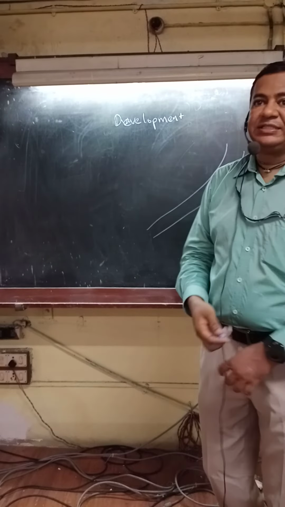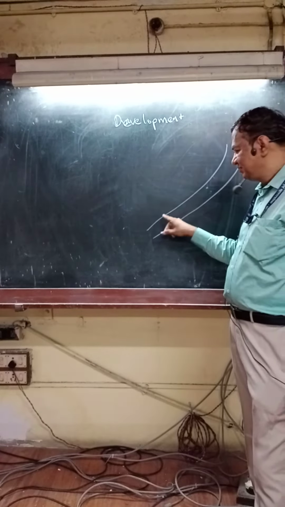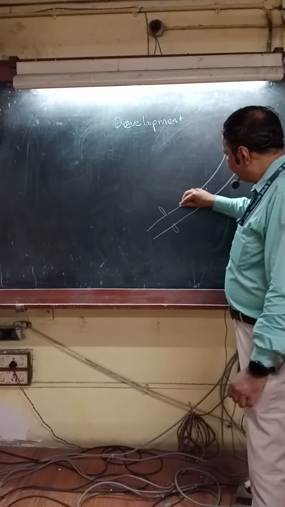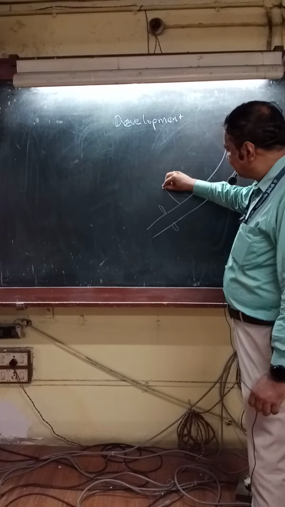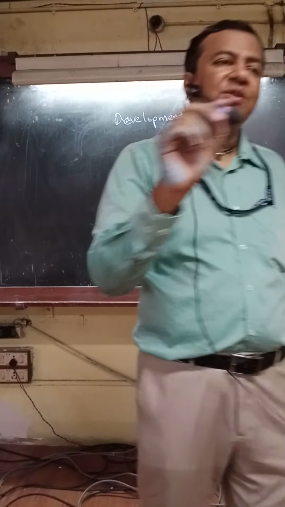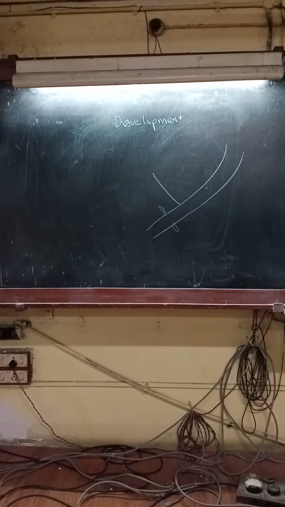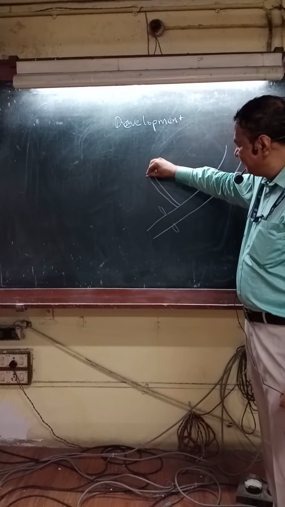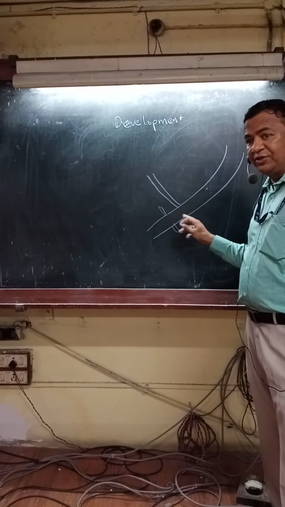So this is the foregut, near the foregut-midgut junction, near the pancreatic bud. From just behind that point arises a bud from the foregut.